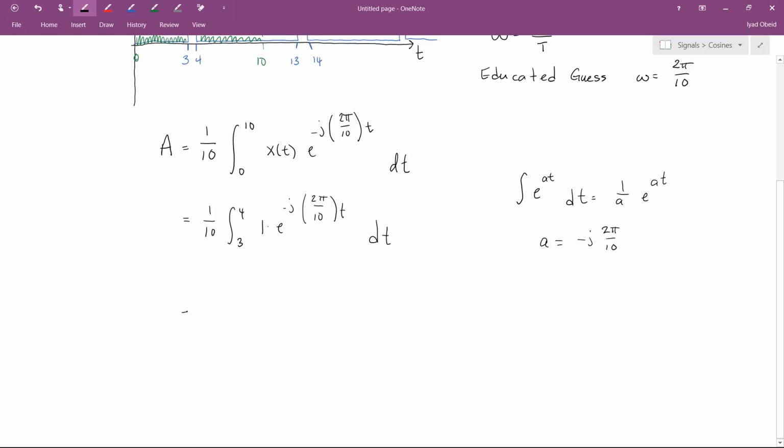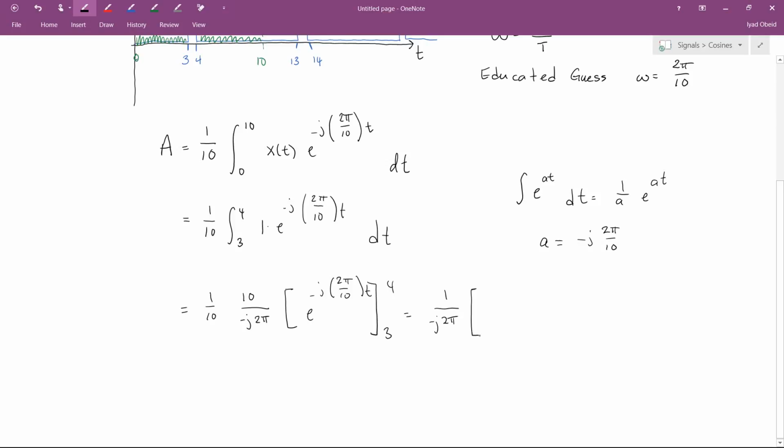So let's go ahead and work this out. We have 1/10, and then our 1 over a gives us 10 over minus j 2 pi, and then it's e to the minus j 2 pi over 10 t on the limits from 3 to 4. And then the 10s cancel, and that leaves us with 1 over minus j 2 pi.